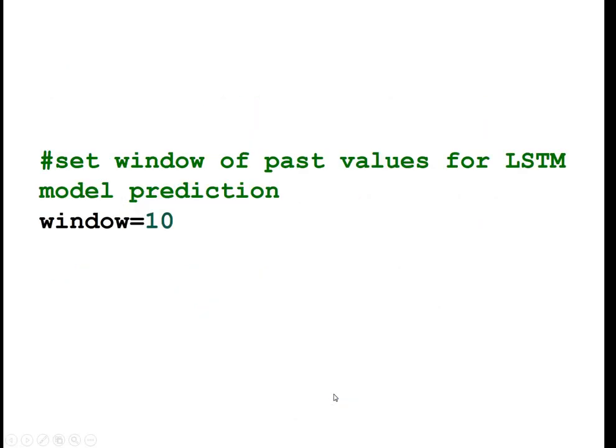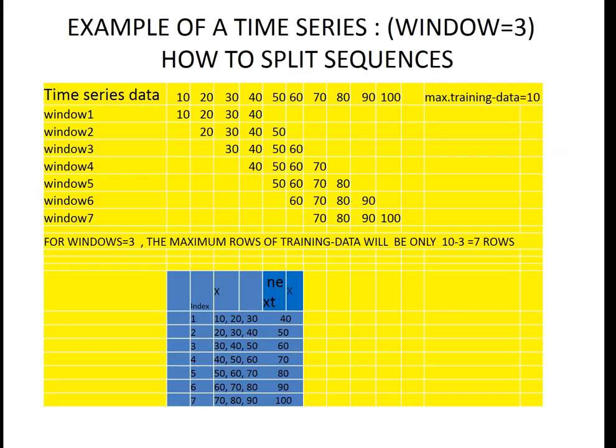Now, in any LSTM prediction models, you use a concept called windows. The windows are basically sliding windows of 10 values, and you can see in an example how windows work. Let's say you have time series data of 10, 20, 30, 40, 50, 60, 70, 80, 90 and 100.